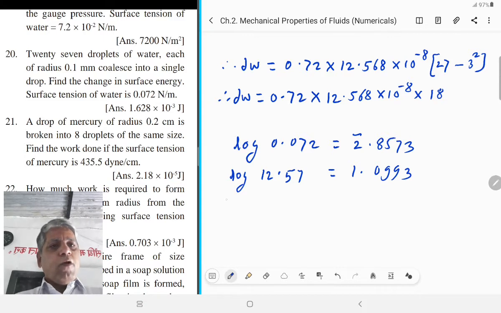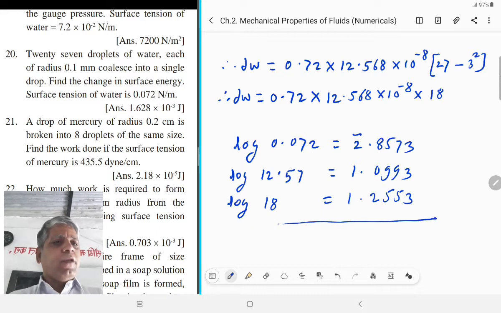Now the log of 18. Now log of 18 is characteristics is 1, and log of 18 is 1.2553.